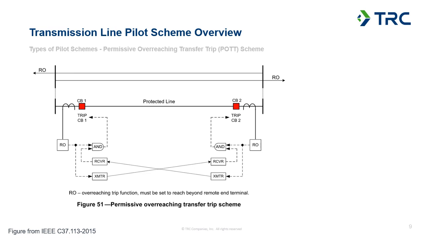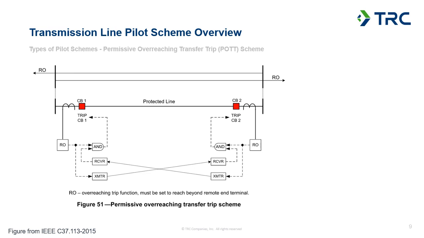And that's done through the communications channel shown on the bottom of the figure, where we've got a transmitter and a receiver shown here. So the basic trip logic for this says that if the relay at terminal 1 sees the fault in front of it through that overreaching zone and is receiving permission from the remote terminal at terminal 2 through that communications channel, then we'll trip the circuit breaker.